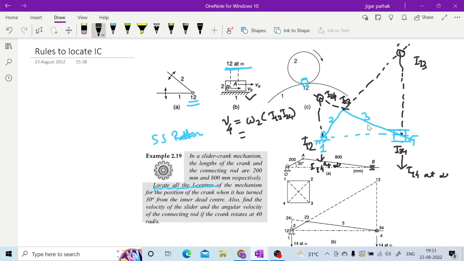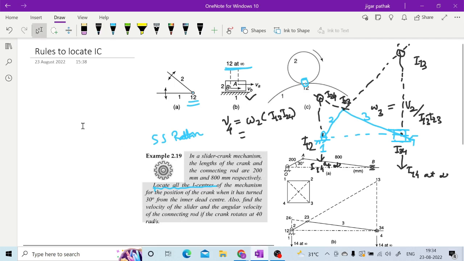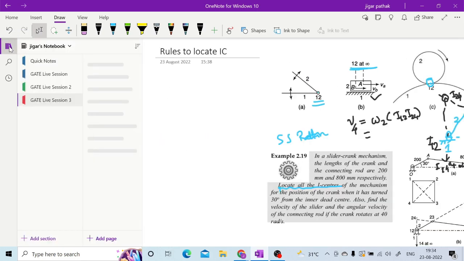Similarly, for finding omega 3, you can take the velocity at point B, which is known, divided by the distance I13 I23. This is how you can find the different things asked. It will be very time consuming, because you have to construct it with a particular scale and dimensions as mentioned. So we are not going to do that now, but you have to have an idea of how this kind of diagram is constructed.